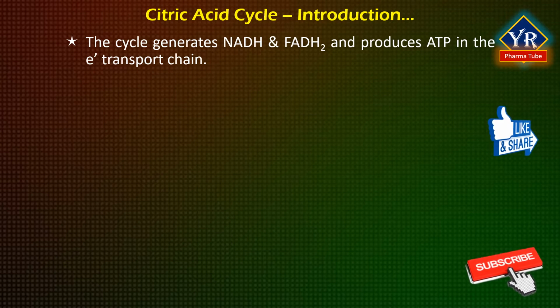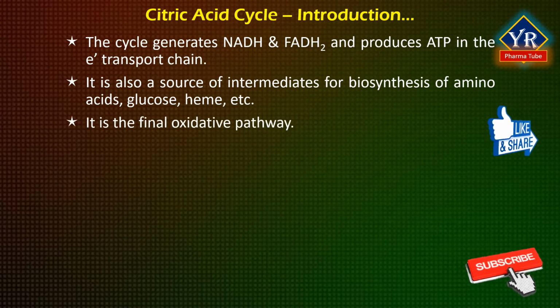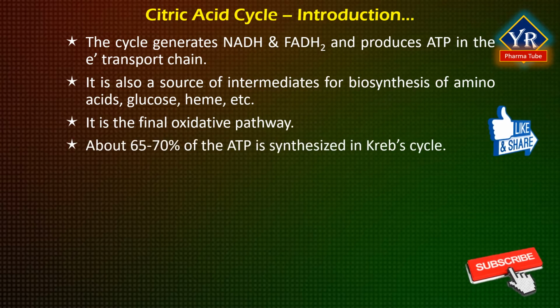Another important function of the citric acid cycle is as a source of intermediates for the biosynthesis of amino acids, glucose, heme, etc. Thus, the citric acid cycle is the final common oxidative pathway for carbohydrates, fats and amino acids. About 65 to 70% of ATP is synthesized in the Krebs cycle.